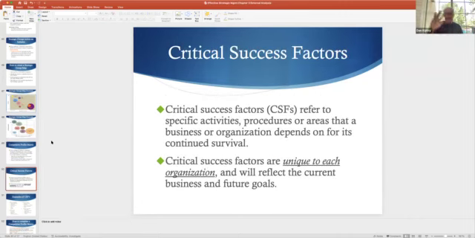Every industry has factors that are critical for those firms to have in order for them to be successful. So let me give you an example. Restaurant industry. In order for a firm in the restaurant industry to be successful, one of the factors that it must attend to is food quality.